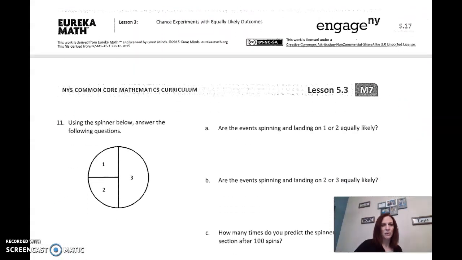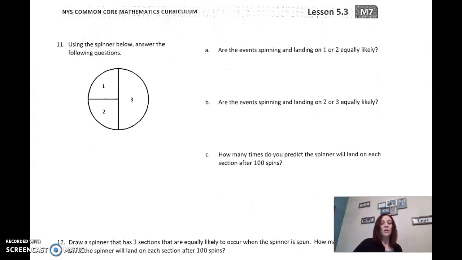Okay, so let's look at a few more examples. Using the spinner below, answer the following questions. Are the events spinning and landing on 1 or 2 equally likely? So here's section 1, here's section 2. Are those two, and again, if it's a spinner, spinning around here, we're spinning either direction.